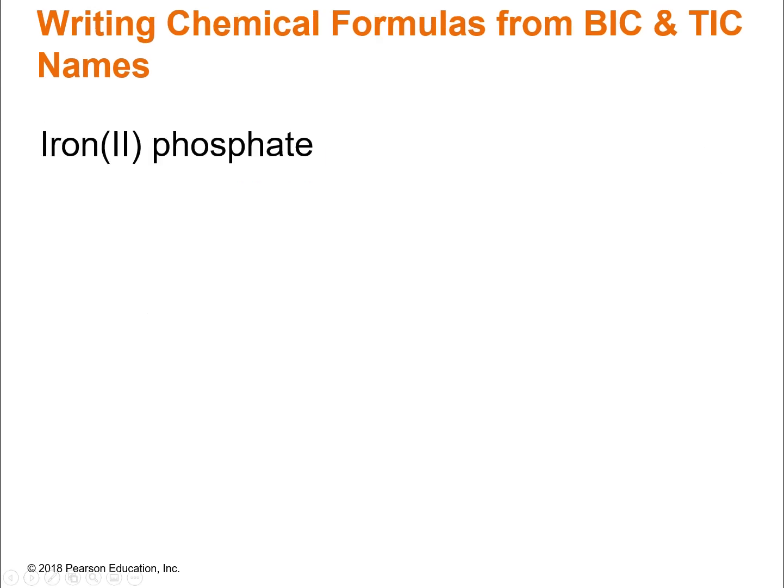So I have one more example. I'm going to go through this one because we're combining the stock system and we've got the multiples. So you can kind of do it along with me and make sure you understand it. Iron 2, we've seen that before, sort of. So we can go straight from the name to the ion.